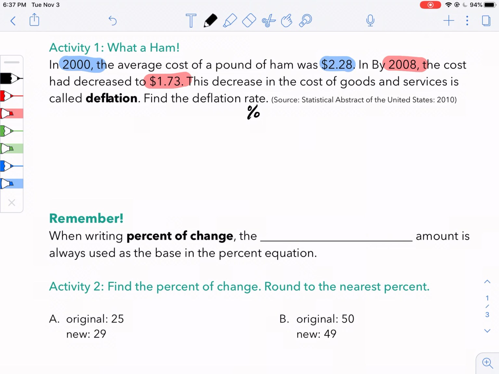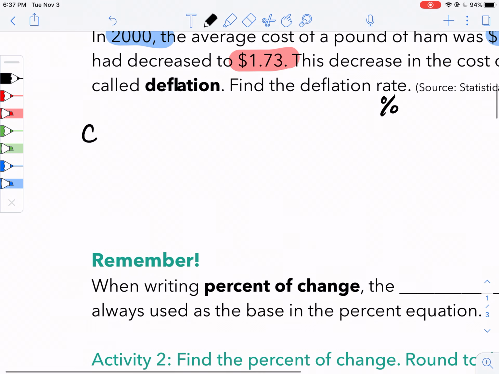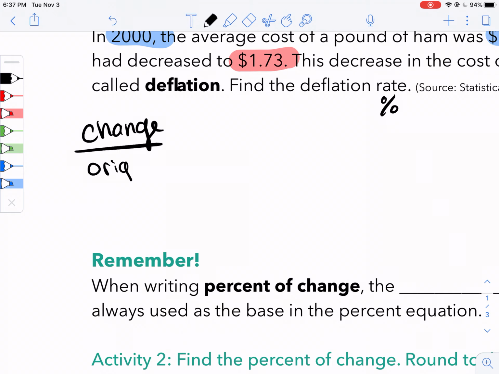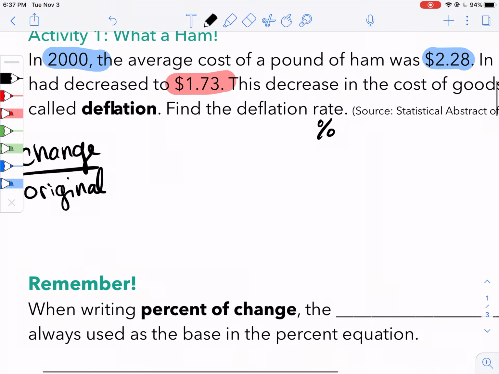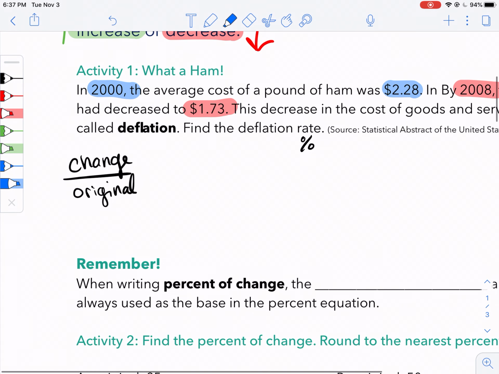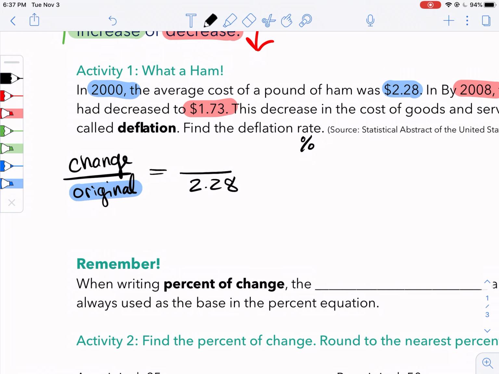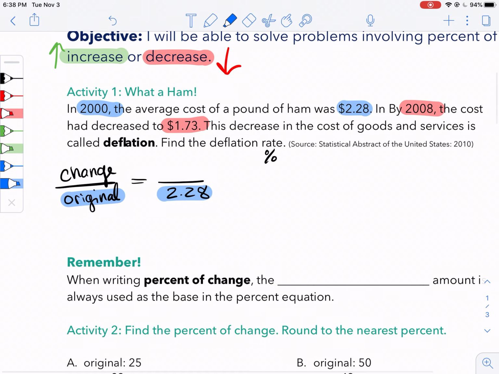So what we need to do is find the change over the original. Our original price, we already know. The original price was $2.28. However, we don't know by how much it changed, so we need to figure out what that is.